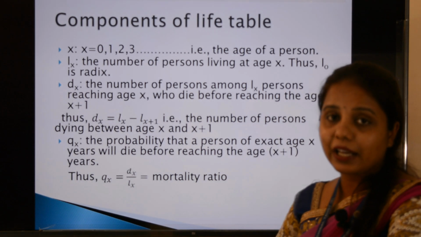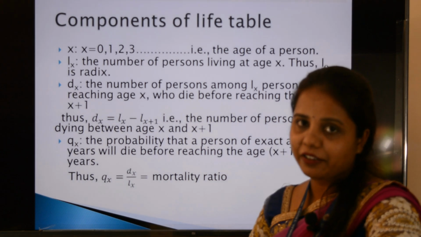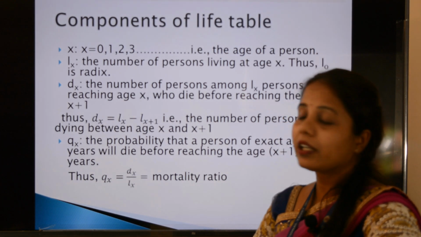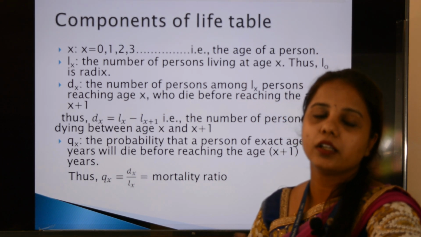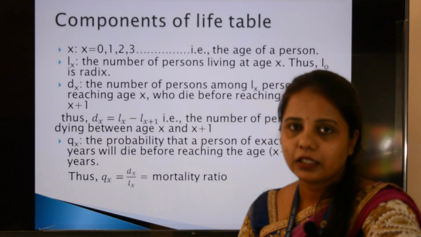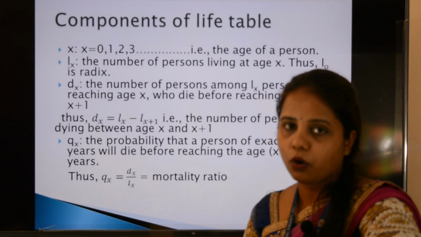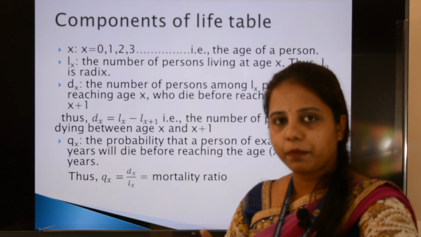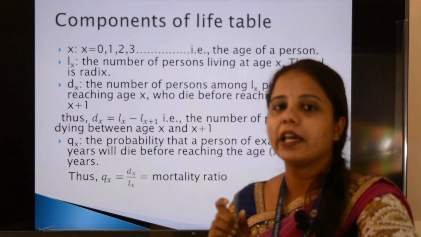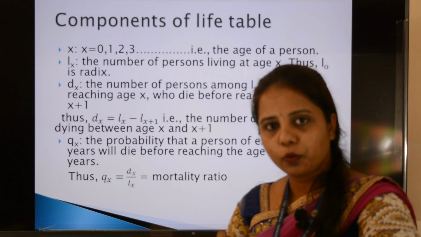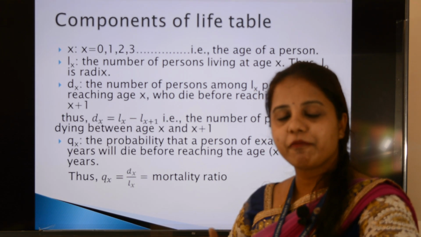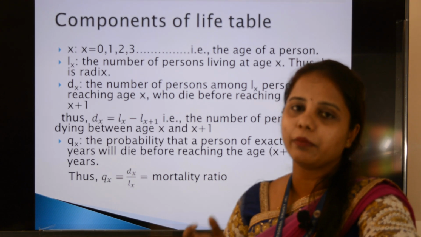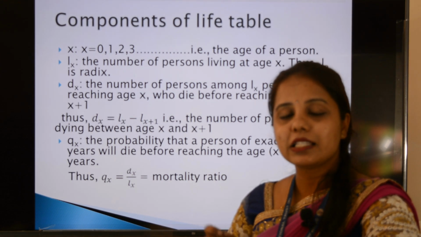The second component of life table is small letter l, x. So what is this lx? This is also known as radix, that is the size of a cohort. Basically lx means the number of people who are at the age x. l0 means the number of babies at age 0, like totally how many newborn babies are there, we'll call it l0.